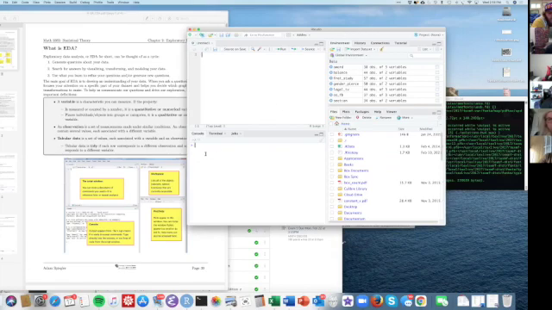Down here is our console where we can do individual commands. And up here is where we can enter multiple lines of code that we can execute at once.